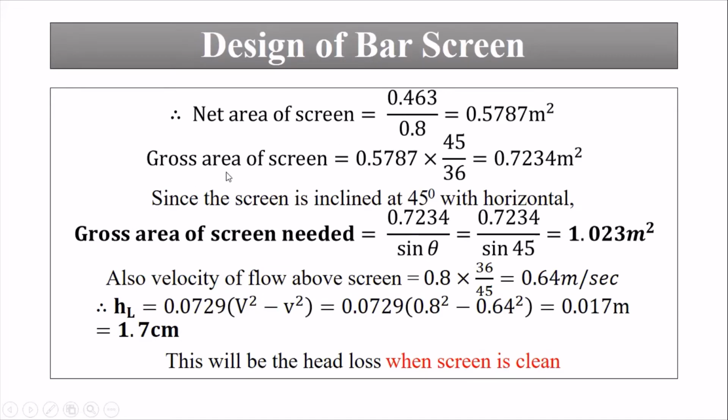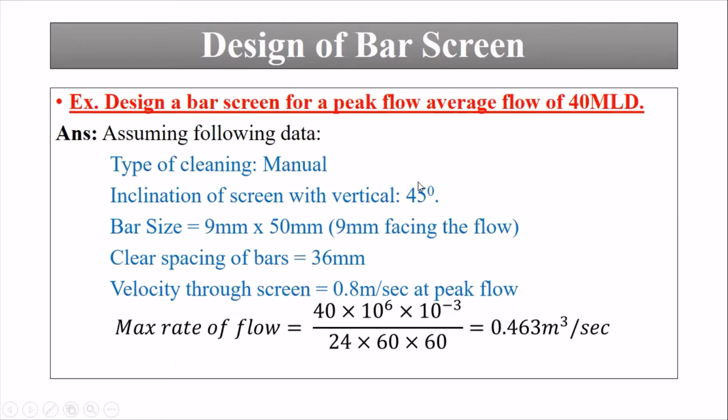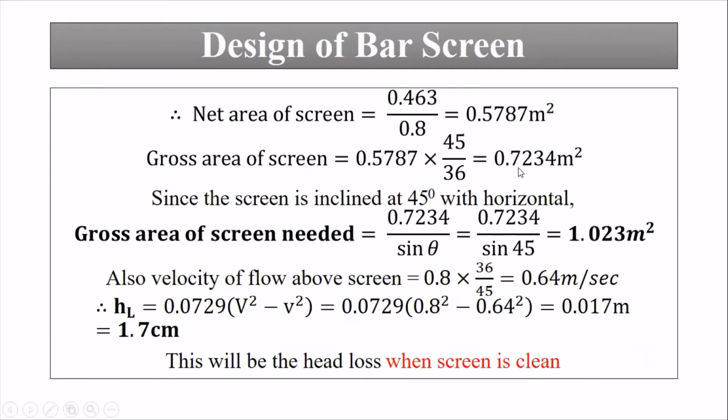Then gross area of the screen is equal to net area of the screen into 45 divided by 36, where 45 is the inclination of the bar with vertical and 36 is the clear spacing of the bar. So the value is 0.7234 meter square.